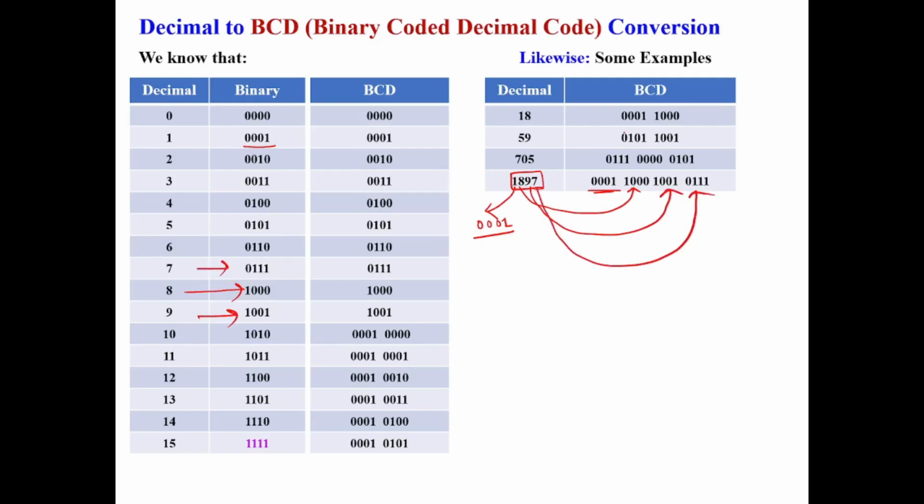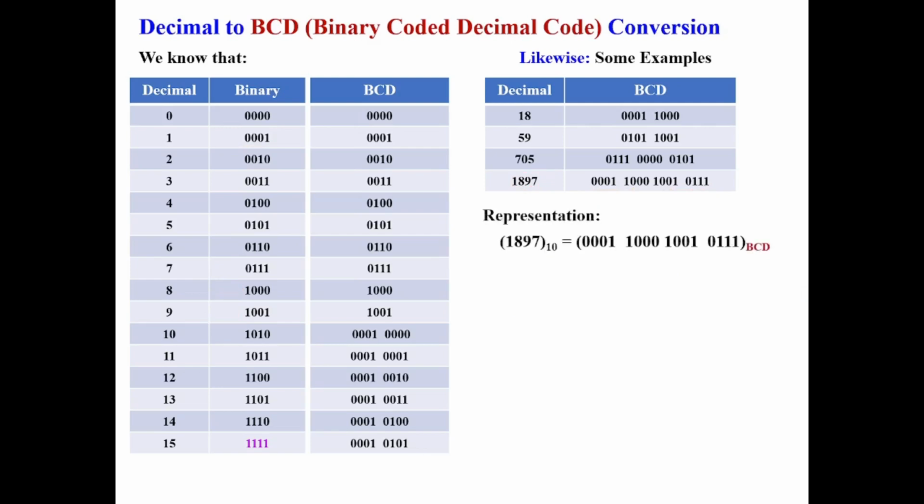So we have to write 0001 1000 1001 0111 in BCD. That means 1897 in decimal is converted to BCD, right? The representation will be like this.